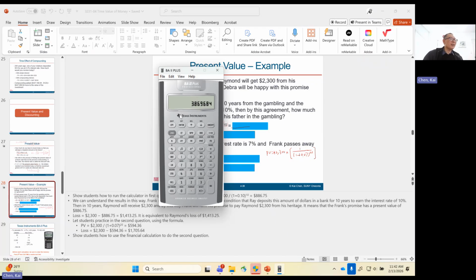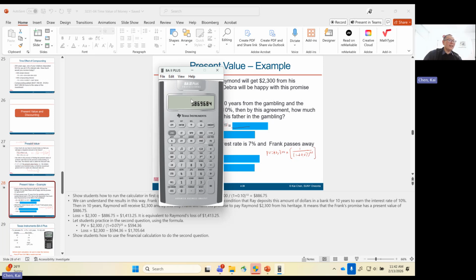After we get the future value factor, how can we get the present value factor? On the calculator you can find a key like this, 1 over x. It gives the reciprocal of the number on the screen.